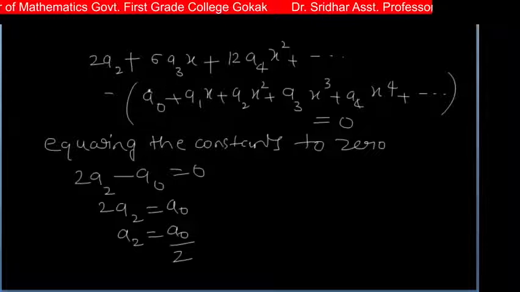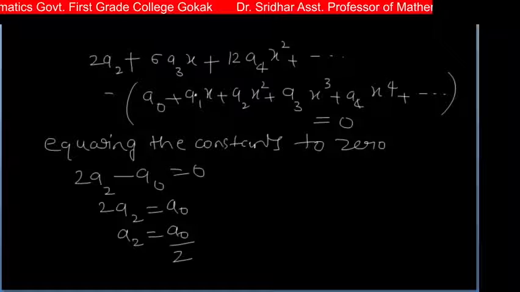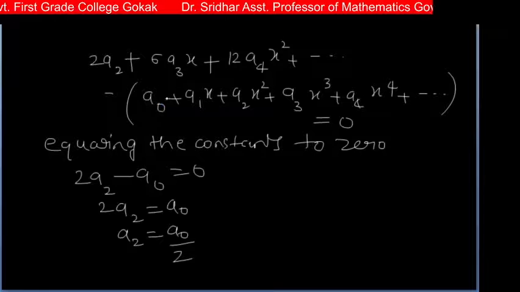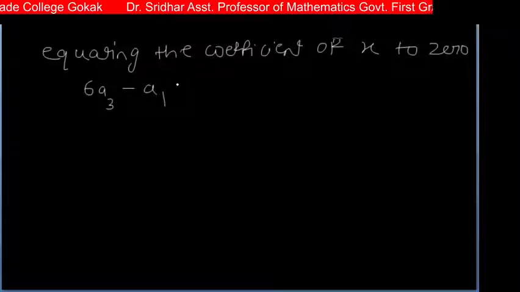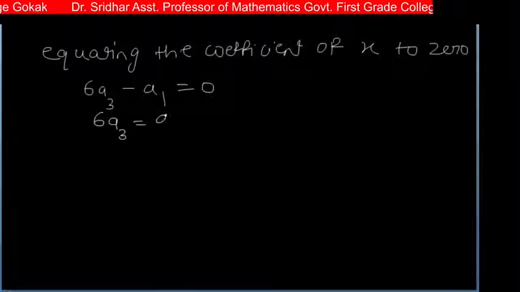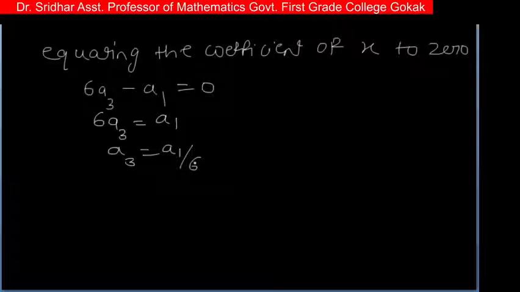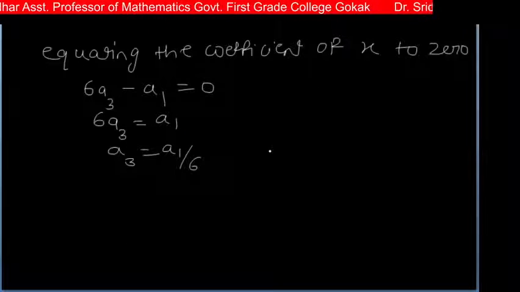Then this x square, and next here minus, here one more x is there, its coefficient is a1, minus a1. Okay, so next there is no other term of x, so equal to 0. That means 6a3 is equal to a1, or a3 is equal to a1 by 6.